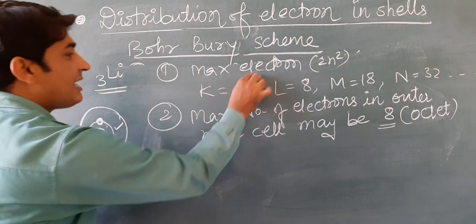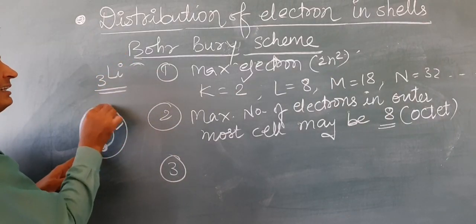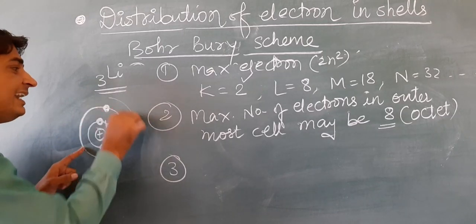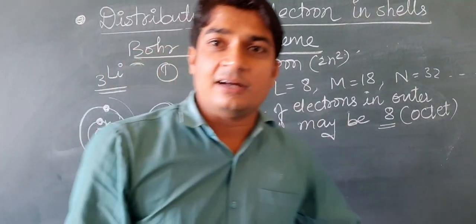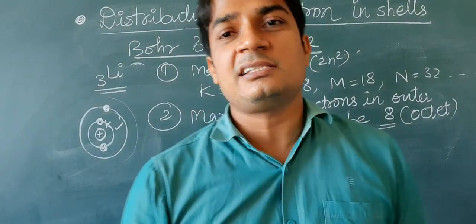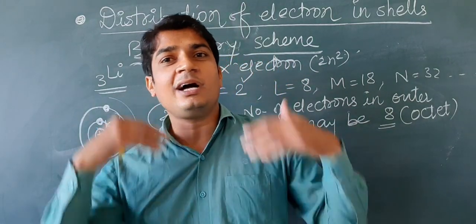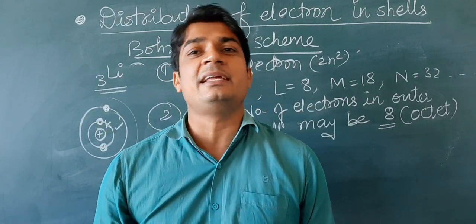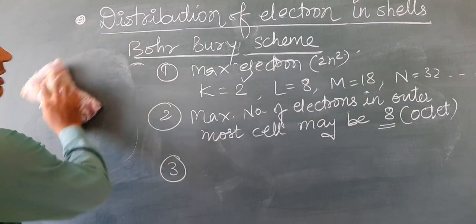If 2 electrons are already filled in the K cell, then only the electron moves to the second cell. If second cell is occupying 8 electrons, then only electron would move to the third cell. Okay, so they are filled in the energy cells in the increasing order of their energies. So they move to the higher energy level only when the lower energy level is completely filled.